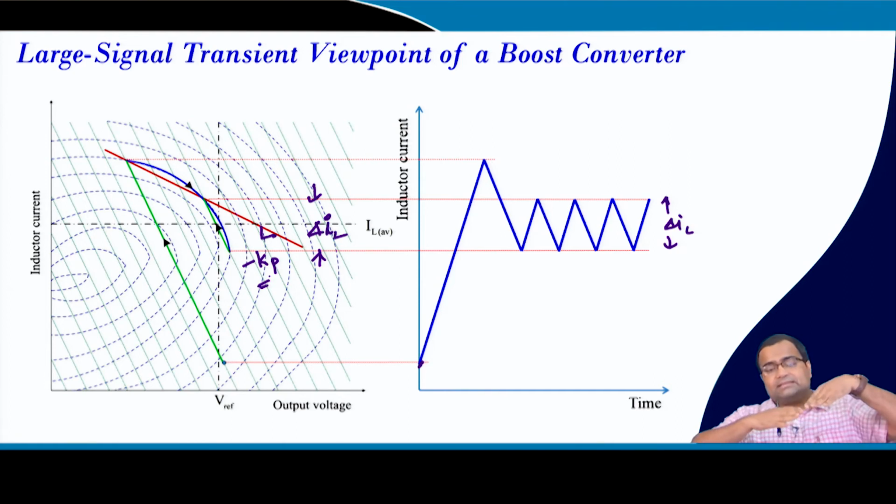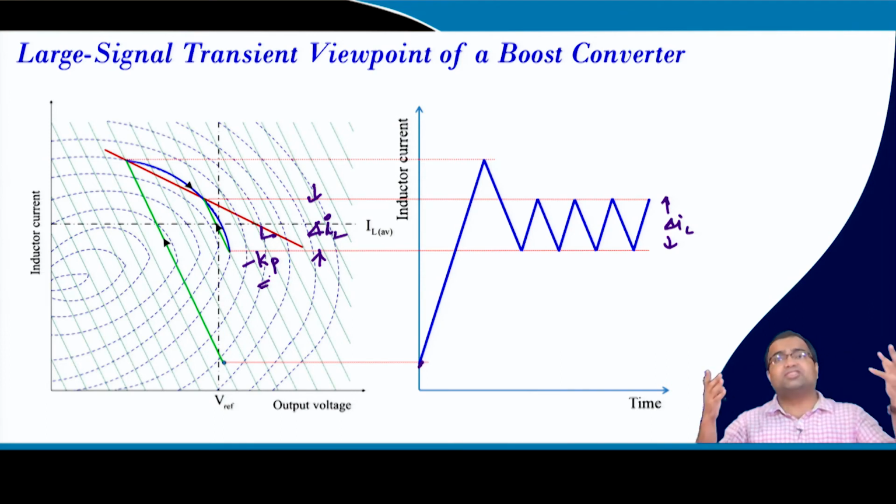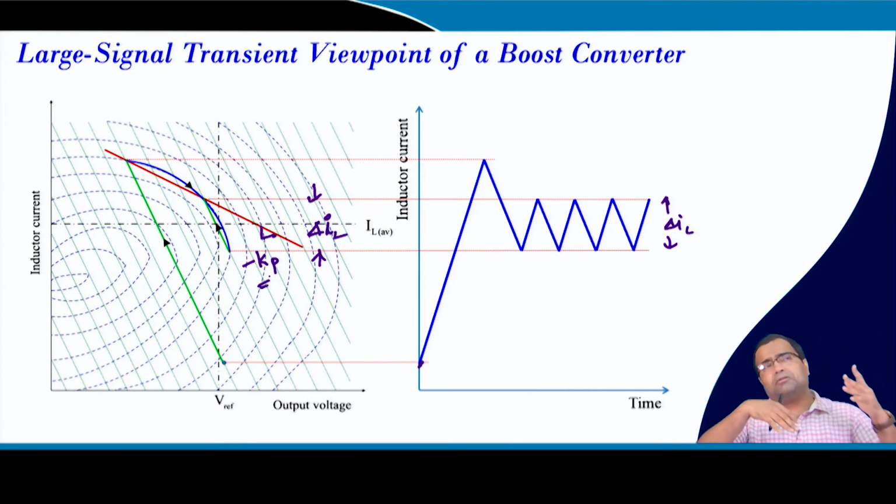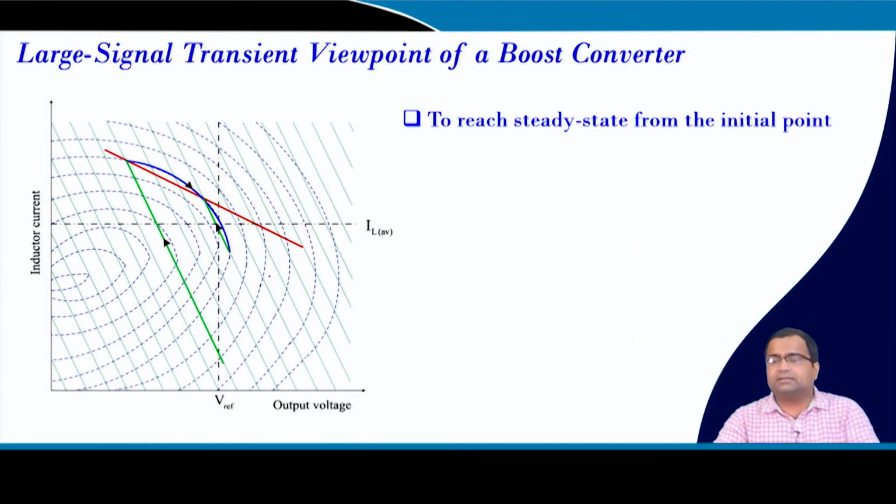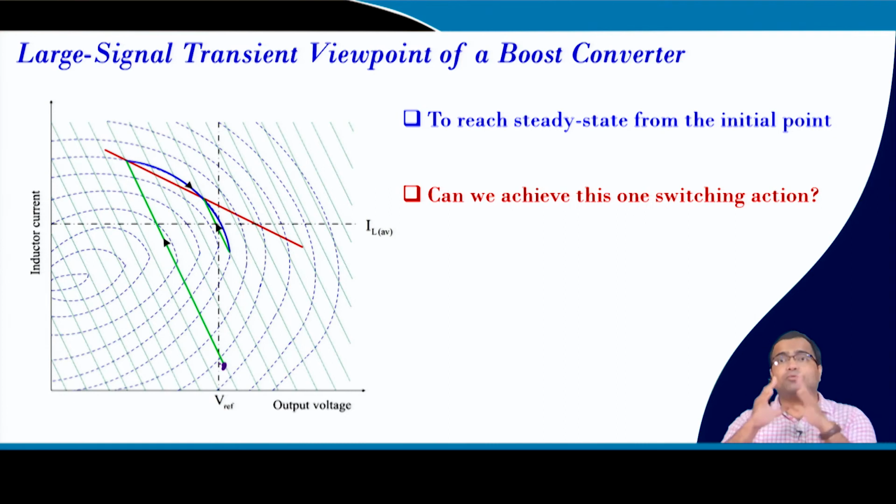The selection of slope can play a role in shaping the transient, whether we want overdamped, perfectly optimal, or some more overshoot, that will be decided by the selection of this gain. But if we can do that, then we will get something like this action. Next, can we reach steady state from any arbitrary initial point in one switching action, because that is my time optimal recovery, the fastest recovery.